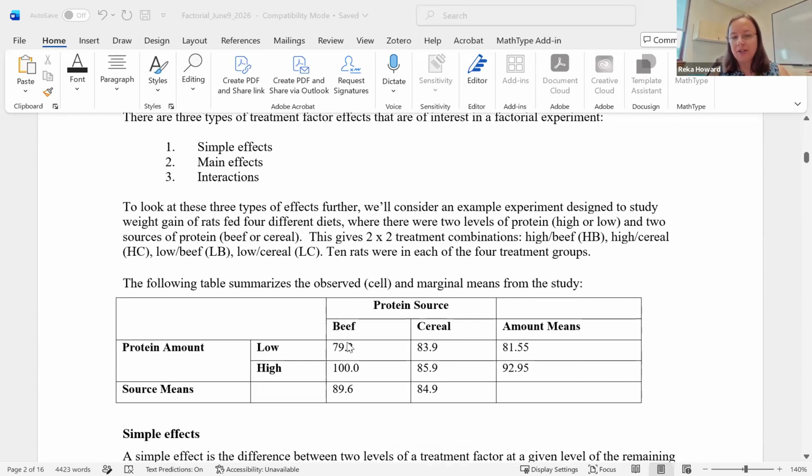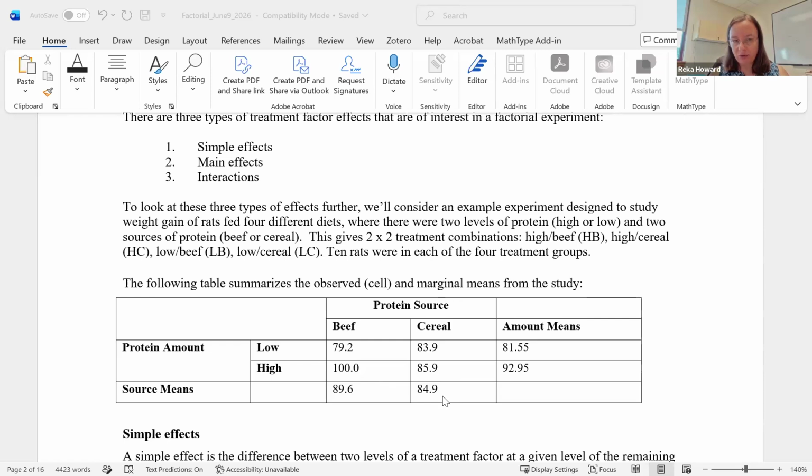And I just included a little data output. I didn't include the original data set, but let's imagine that this is the summary of our data. So the means of the combinations: the low beef, the low cereal, the high beef, and then the high cereal.